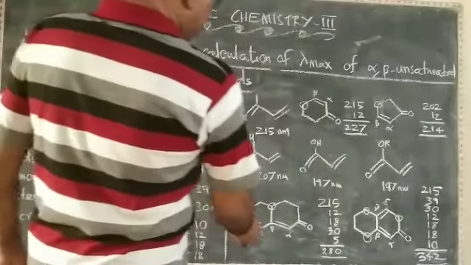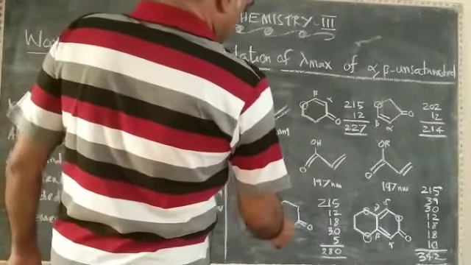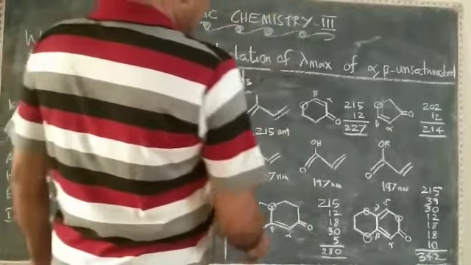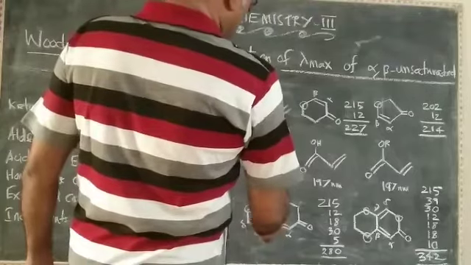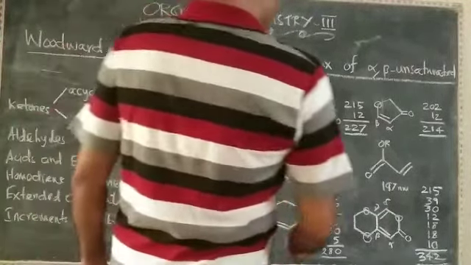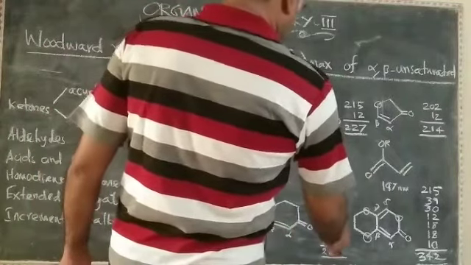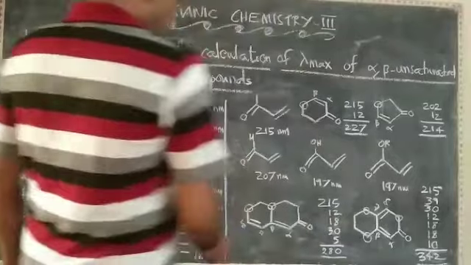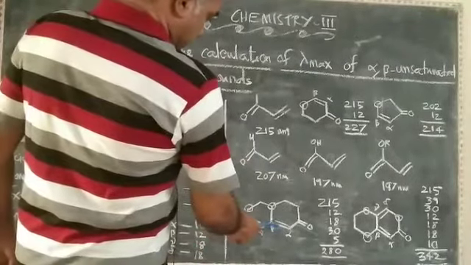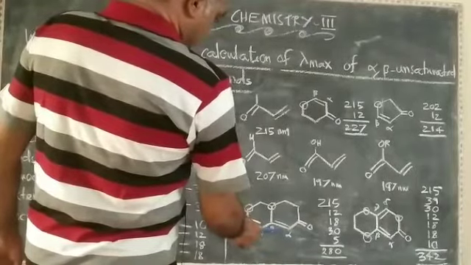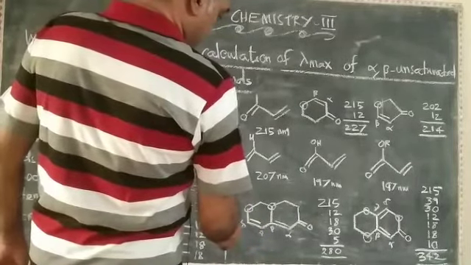Now, in this first example, there are two rings and this is a keto ring. Now, in these two rings, there are two double bonds. This is how the calculation is made. First, the base value is 250 nanometer, and then this ring has 4 double bond positions: alpha, beta, gamma and delta.